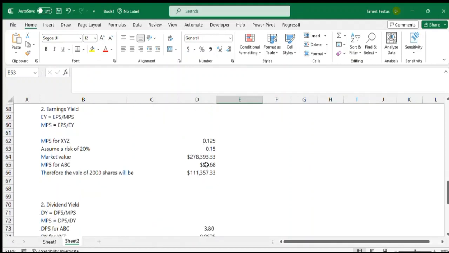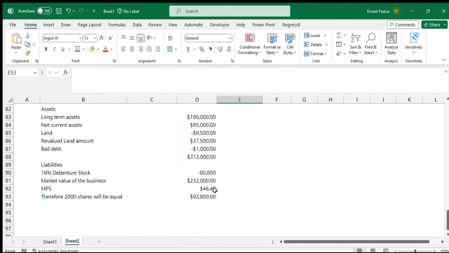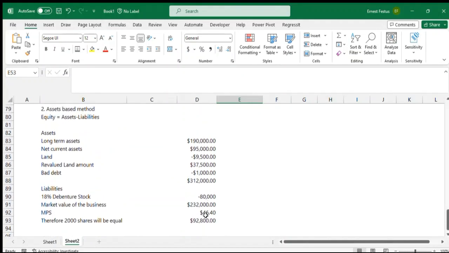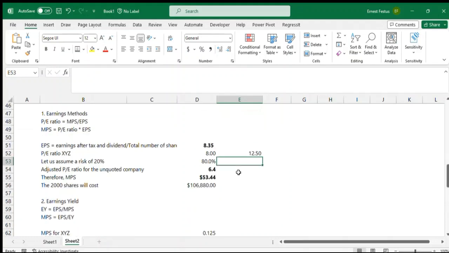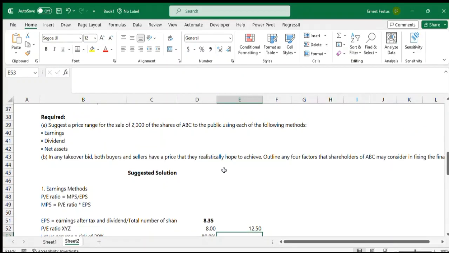The earnings yield giving us 55.68 per share, and also the EPS giving us 50.67, and this one is 46. So this is the lowest, so we won't go for this. So we'll assess it and look at the one that will give us the highest returns. The highest returns, that is what we'll go for.